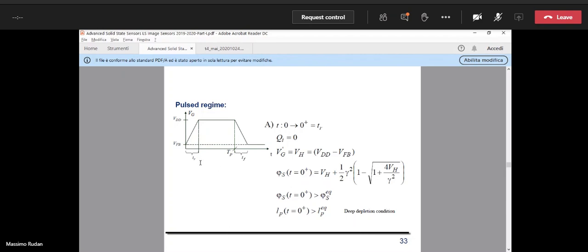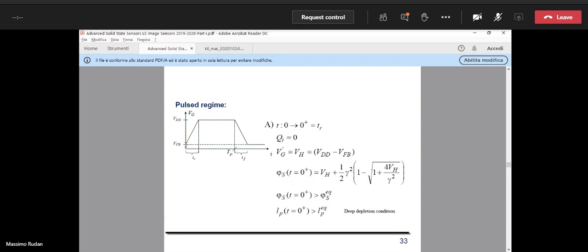This curve shows the evolution with respect to time of the applied bias. So we start at t equal to 0 with the value of the gate voltage corresponding to the flat band condition, okay? So Vg is equal to VFB, that means that Vg prime is equal to 0.